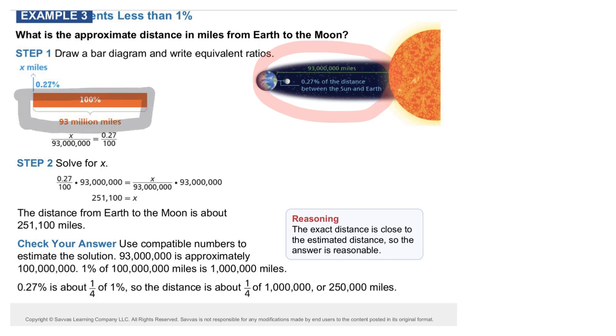But we don't know 0.27% of the way. We don't know this part. So it definitely looks like a proportional situation. We're going to cross multiply and divide, and our answer is here.